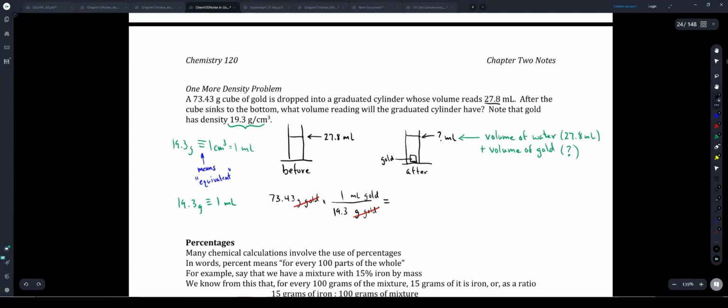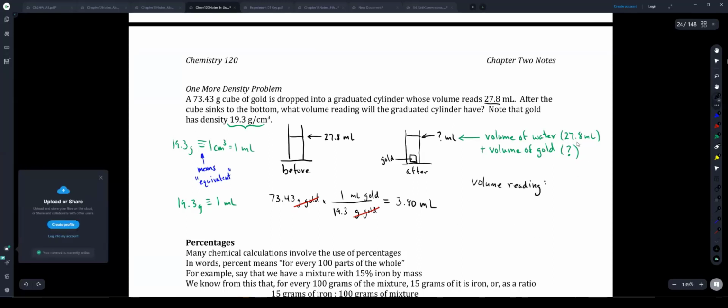So 3.80. Good. So the volume reading is going to be exactly what we said here: 27.8 plus the volume of gold.